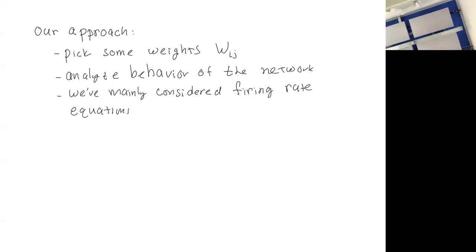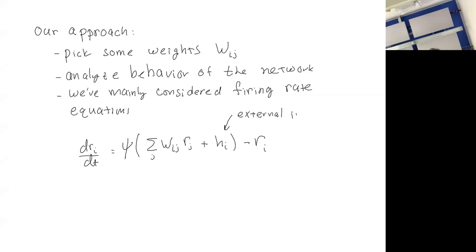And so our equations always look like this: tau dRi/dt, where R is the firing rate, equals some nonlinearity of the sum over j of Wij Rj, sometimes with external input, minus Ri. So that's mainly our picture.